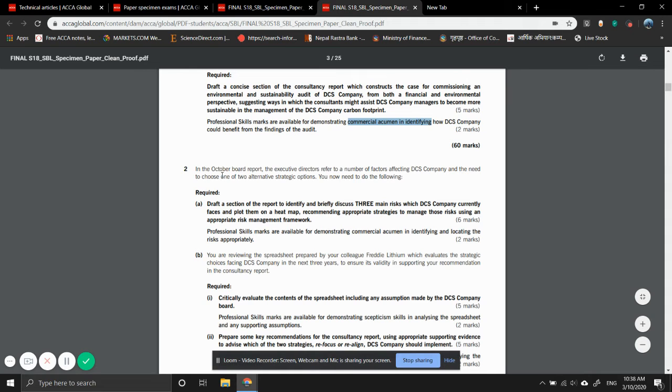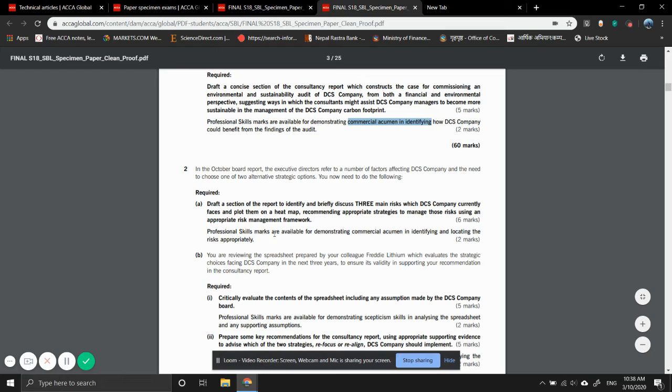And then in the October board report, the executive directors refer to a number of factors affecting DCS company and the need to choose one of the two alternative strategic options. You need to do the following. Required: draft a section of the report to identify and briefly discuss three main risks which DCS company currently faces and plot them on a heat map, recommending appropriate strategies to manage those risks using an appropriate risk management framework.